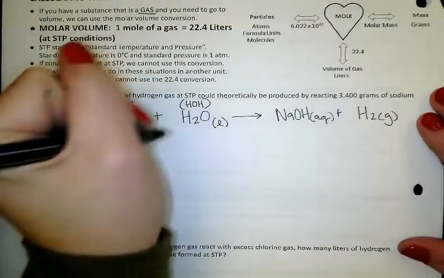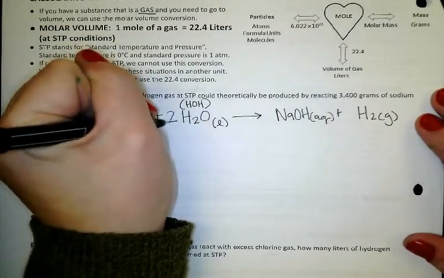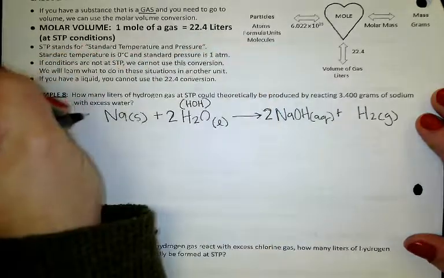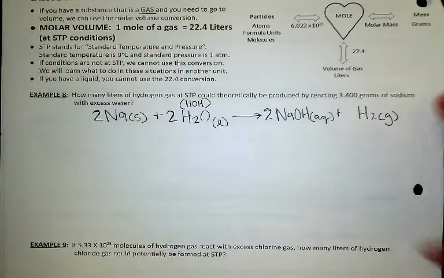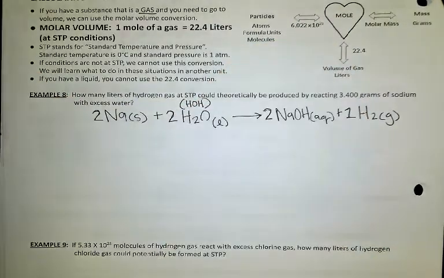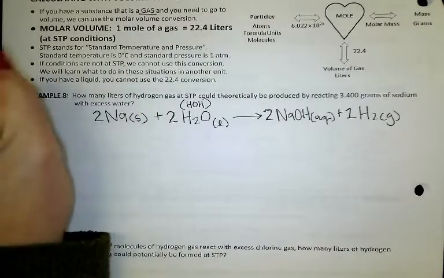Okay. Now we need to balance these. So when I balance, I'm going to need to put a 2 in front of the water, a 2 in front of the sodium hydroxide, and a 2 in front of the sodium. Okay, so that is our balanced equation. Now remember, there's an understood 1 in front of the hydrogen. Now our next step is to write our conversion map. So first let's start with our given.